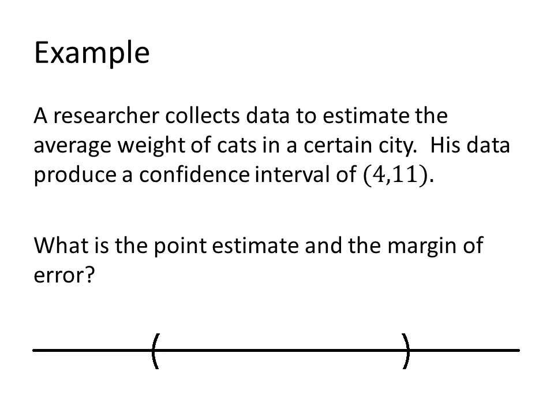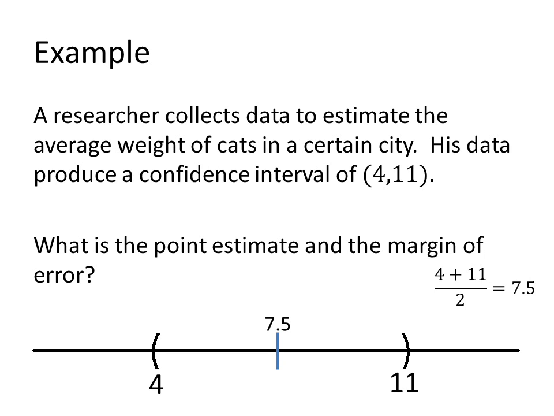If we were to draw this out, we know that the lower bound is going to be 4 and the upper bound is 11. Now the point estimate is always going to be smack dab in the middle of the confidence interval. And so we can find it by taking the average of the upper and lower bound. That is, adding up 4 plus 11 and dividing by 2 gives us 7.5.